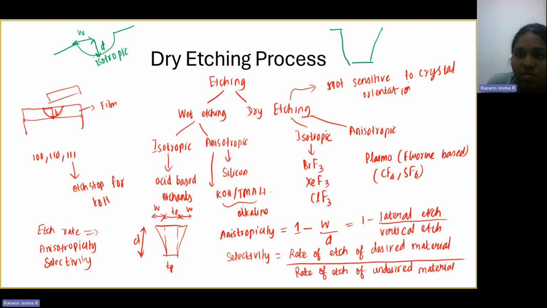This will be your lateral etch and this is your vertical etch for this particular pattern. And there can be another case where your lateral etch is too high, but your vertical etch is less. This is generally an unideal condition which we don't want. So your pattern will come like this, right? So this is anisotropic.